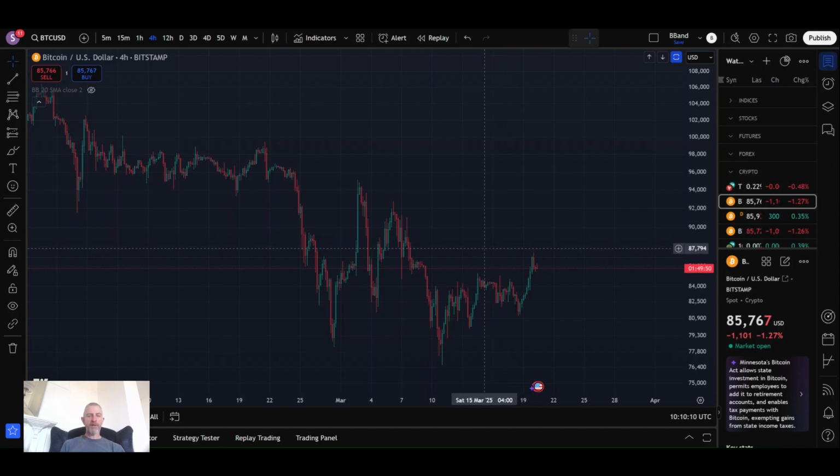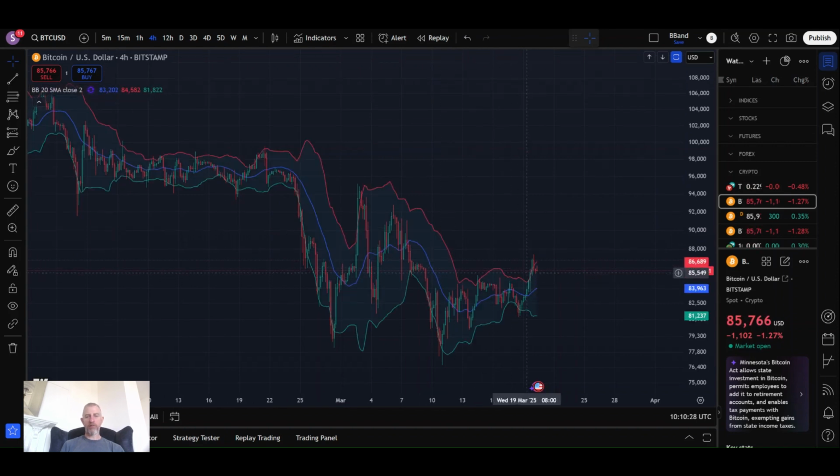So that's definitely going to be a sticky area for Bitcoin when it's approaching from below. So it's very likely, and has been so far, a resistance level. Doesn't mean Bitcoin can't bust above it, but it means it might struggle a little bit on the way up. So a bit of volatility expansion on the 4-hour, but it looks like it may have stalled.